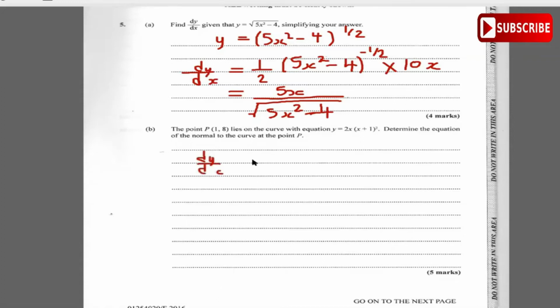So first thing, to find the equation of the normal, we need to find dy by dx. Now dy by dx is going to be equal to, for this curve right here, I'm going to have to use product rule. Keep the first times the derivative of the second. And the derivative of the second is 2 times (x plus 1).